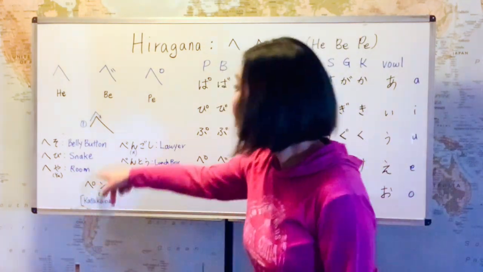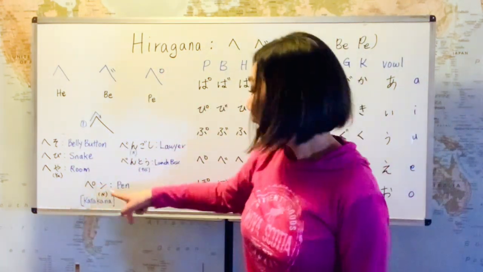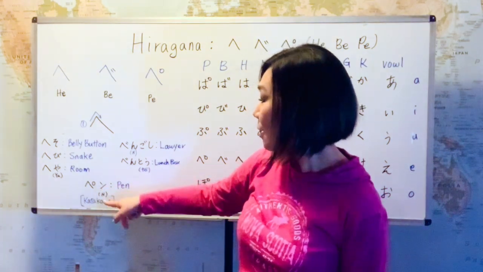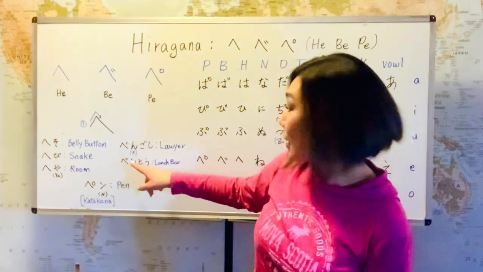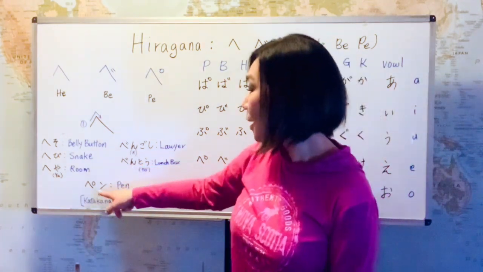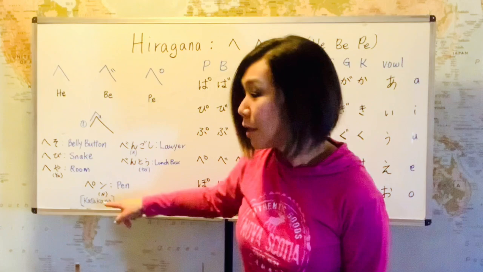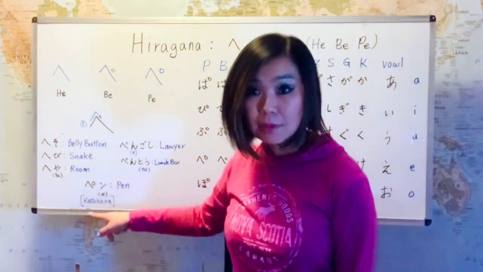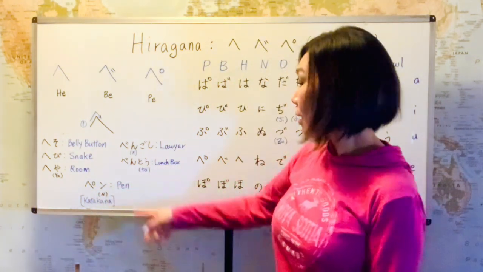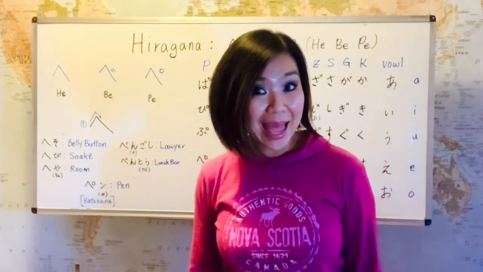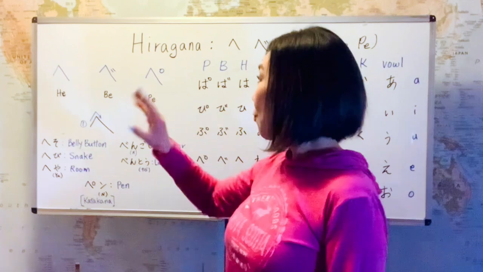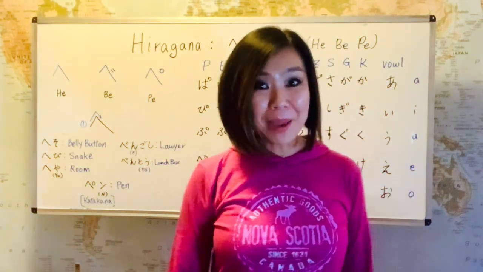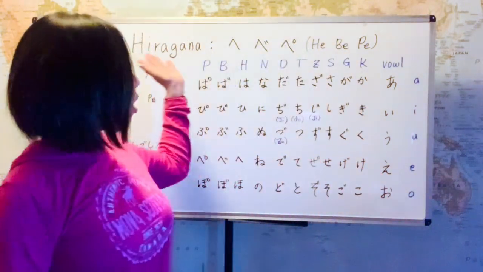So this is, of course, pe, and this katakana is n. Remember, this one in hiragana is n, and this one is katakana n. So that's pe, n, pe, n. So that means pen. That's pen. So this is how we write he, be, pe. Okay? So now you got it.